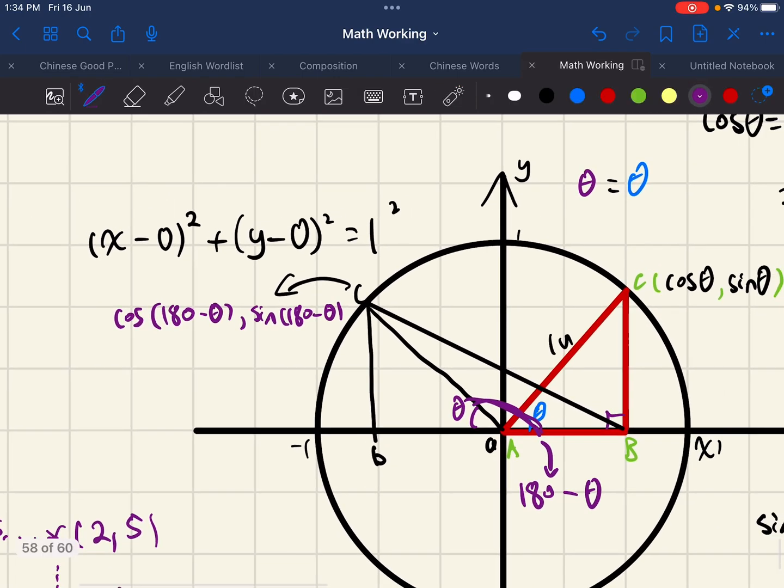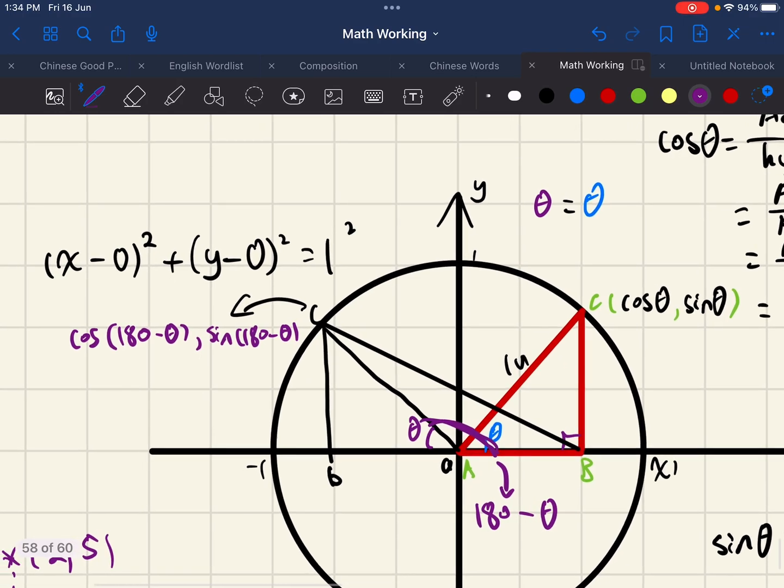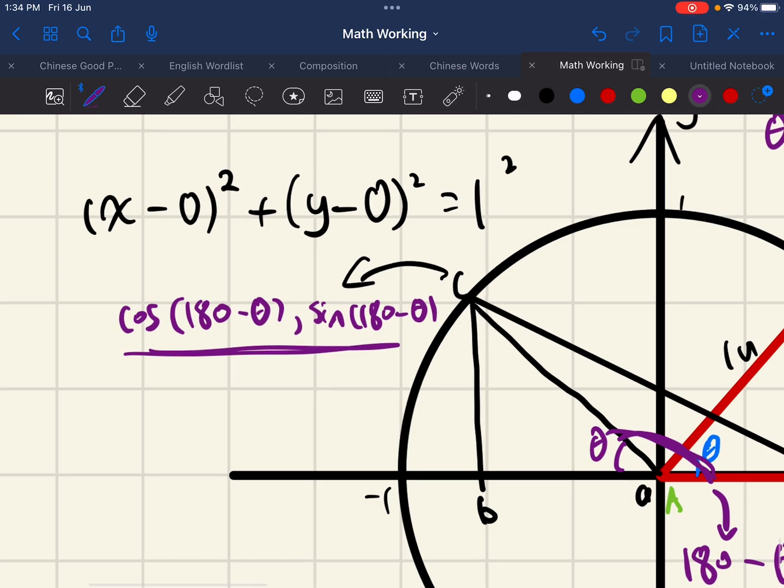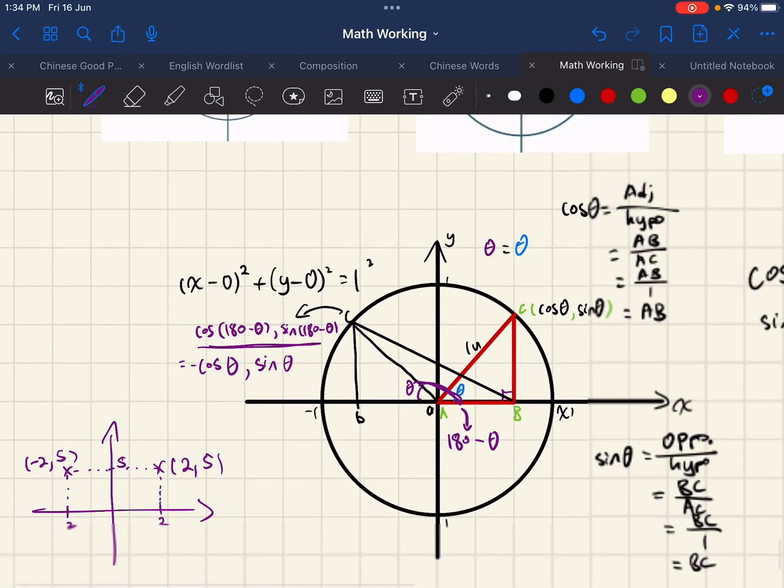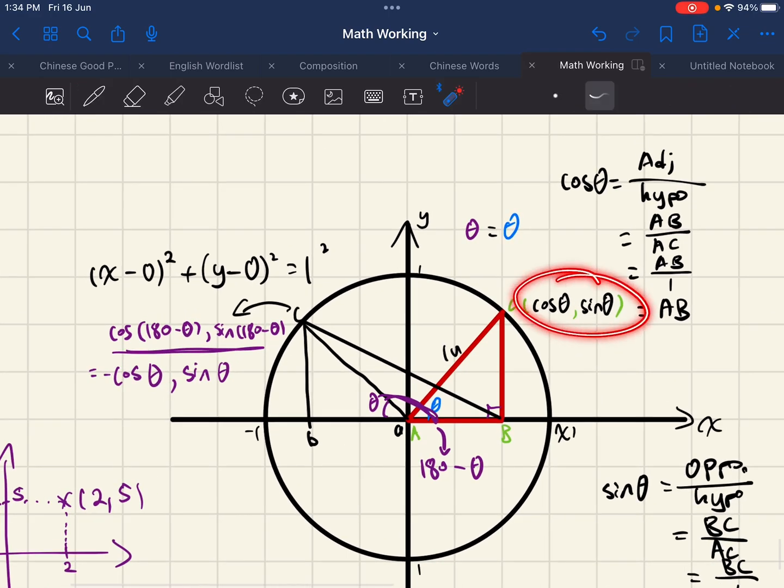So as we have seen, as we know, this will essentially be equals to negative cosine theta and sine theta. I get it from here.